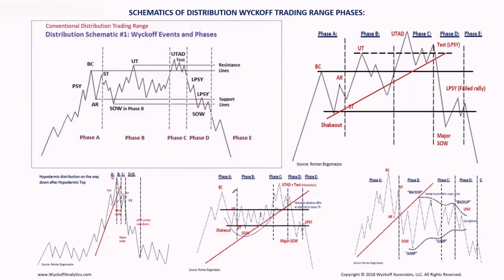We'll study more of these examples later on and in the practicum as well. Another TP family member is the loss chart, the loss schematic right here. It's going to have the same type of institutional behavioral characteristics as the hypodermic distribution.